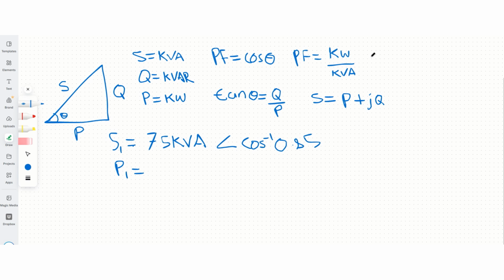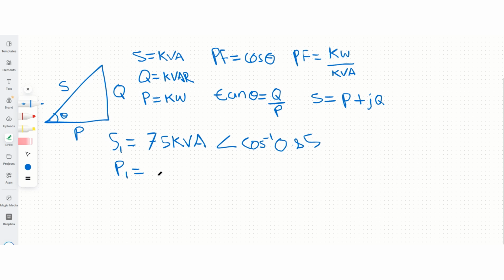If you multiply by kVA, you cross that out and multiply your kVA over here with the power factor, so kW equals your power factor times your kVA.